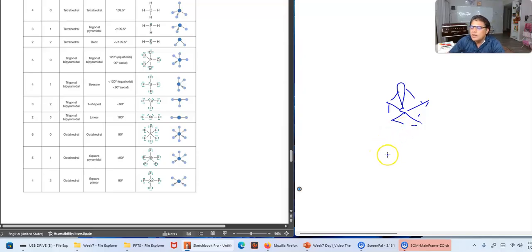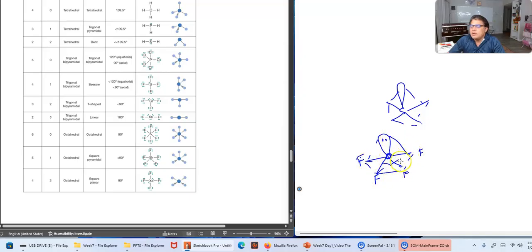Okay, look at that here, one is here, one is here. So F, F, F, F. So this is the molecular shape, but the electron cloud will be like that. One electron cloud will be here, and then it looks like that.